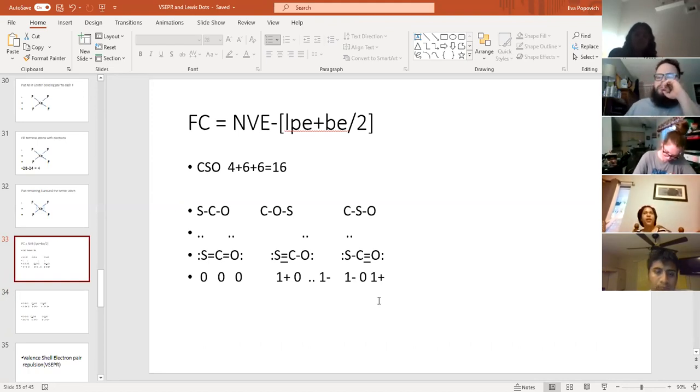Bottom line, you do the formal charge to figure out what your most stable Lewis dot structure is. You make that determination by the least amount of formal charge. Your second criteria is if you have a negative charge, it goes on the more electronegative atom.